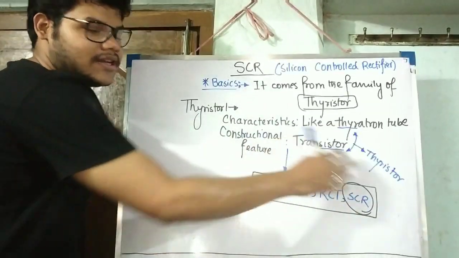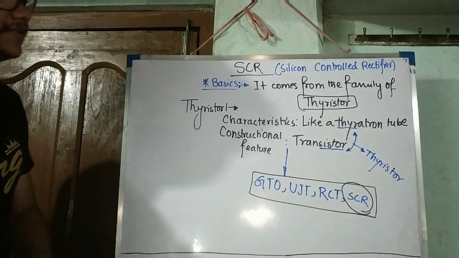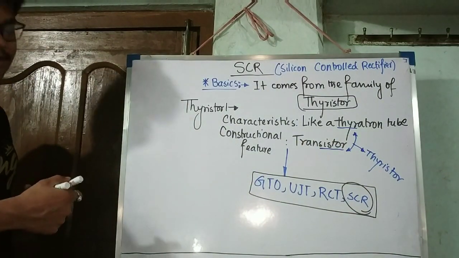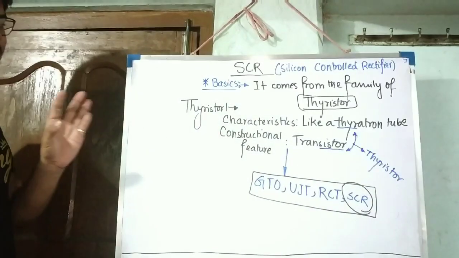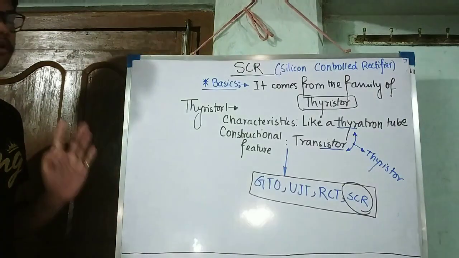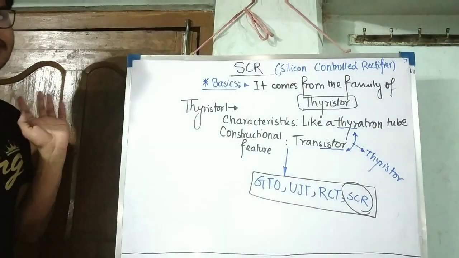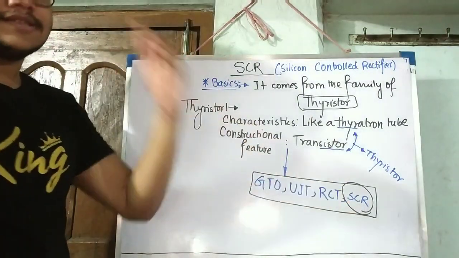These are the main 4 devices that we will see. Nowadays, if anyone says SCR, by default everyone knows that it is a thyristor, and if you see the use of thyristor, by default that is SCR.